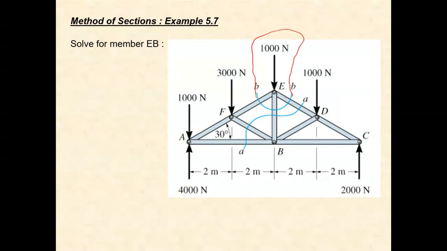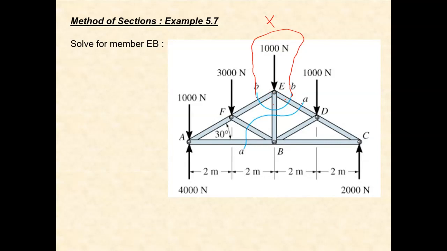Is this solvable? This is not solvable, and the reason is it has 1, 2, 3 unknowns, and because the forces are concurrent at point E, you only have two useful equations.